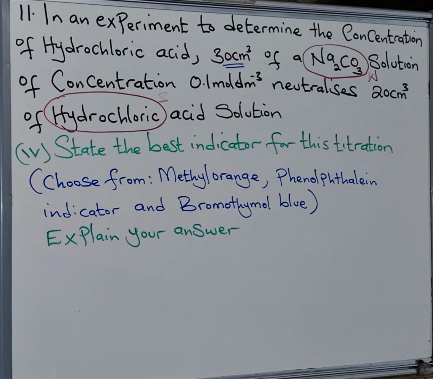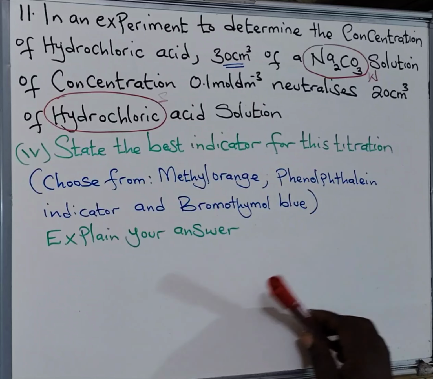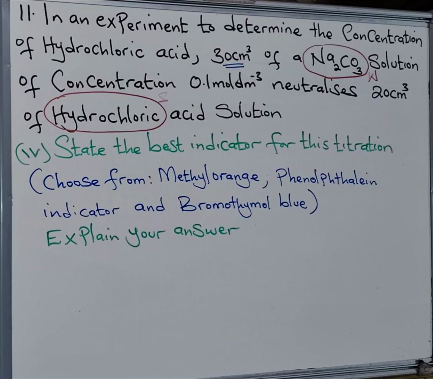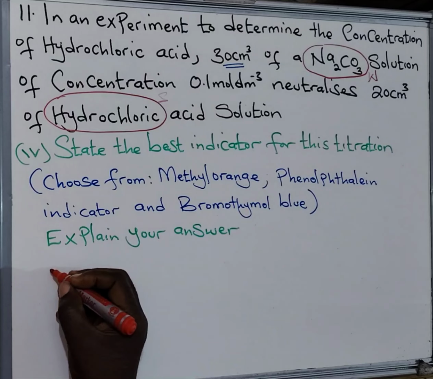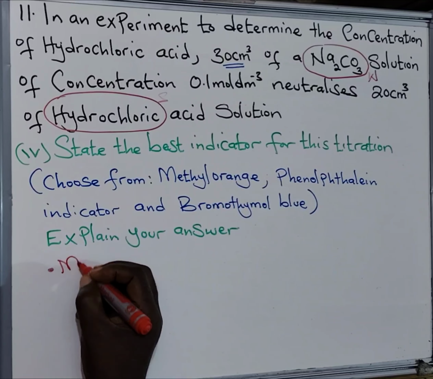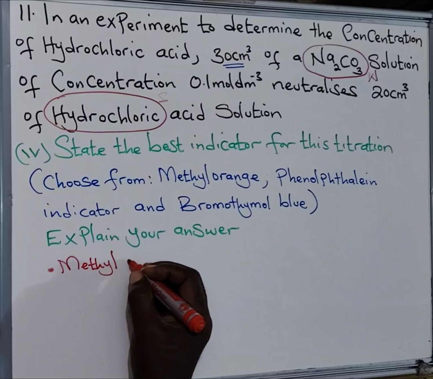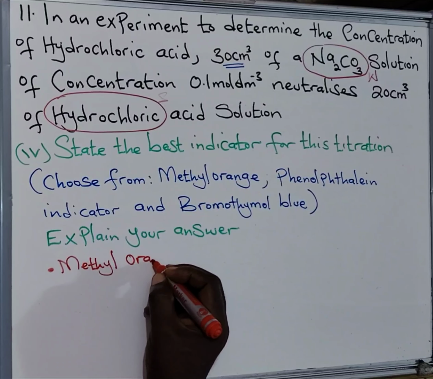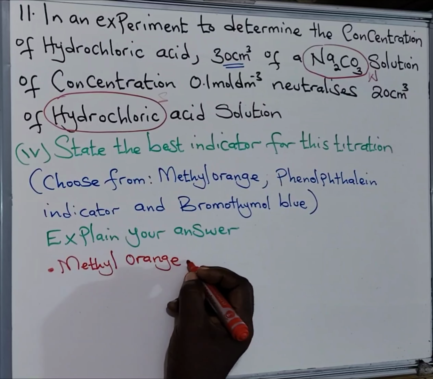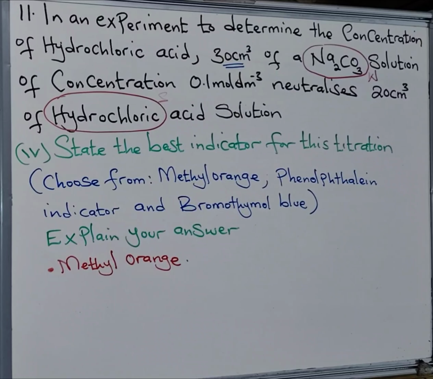So the medium is acidic, but the question is, which is the best indicator for the acidic medium here? The indicator is methyl orange. Okay? And the question is, why?